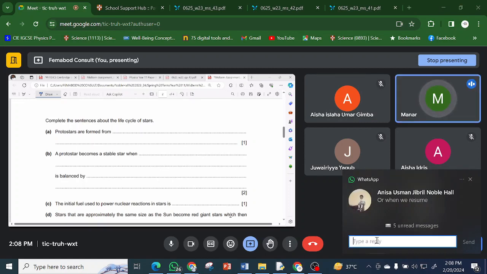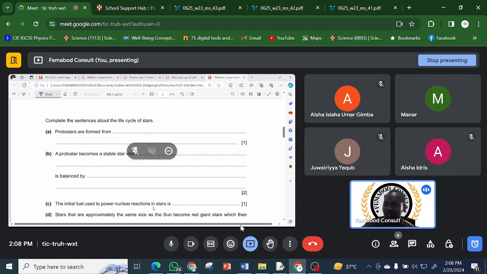Does it have to do with hydrogen? Remember I talked about how the gravitational force is pulling, then the gravitational force will now be balanced by the external force, external temperature. Can you remember I mentioned something like that?